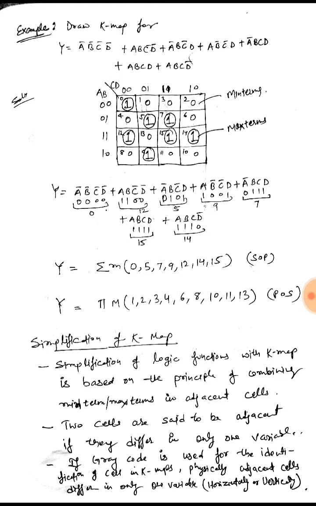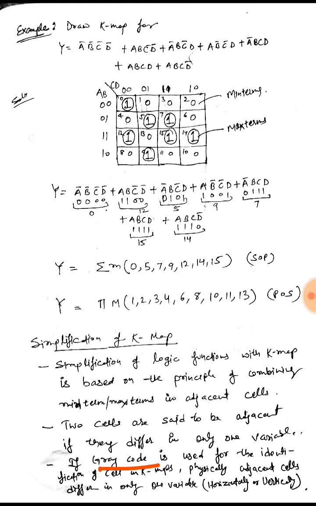Whichever two adjacent cells you take, there would be only a change of one variable. So how is it possible? For that we have used the Gray code. The Gray code is used for the identification of cells in K-maps.